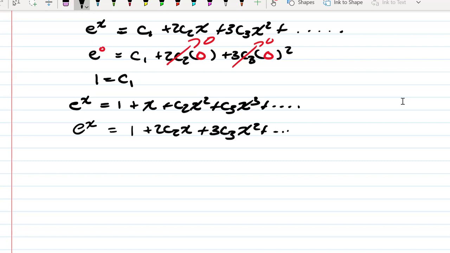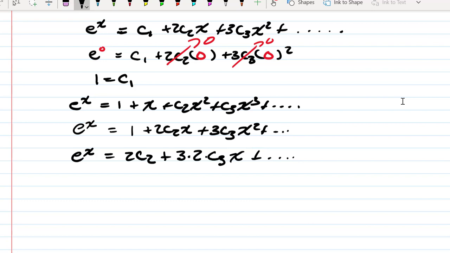Now we take another derivative: e to the x, the derivative of a constant is 0, and we get 2c2 plus, I'm going to write it out this way, 3 times 2 times c3x plus on forever.